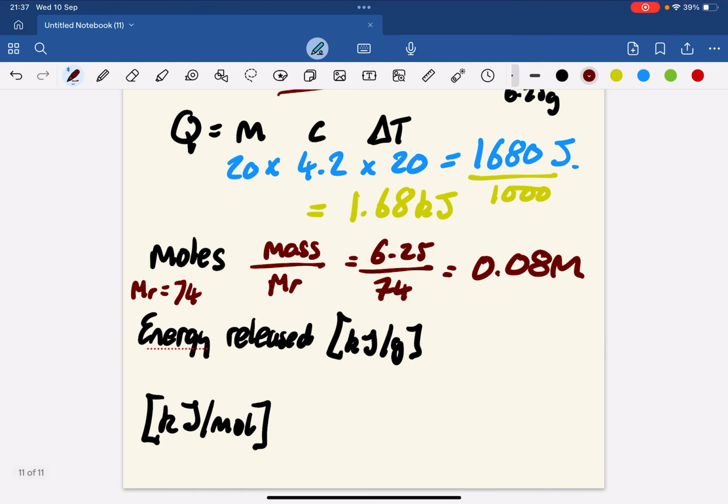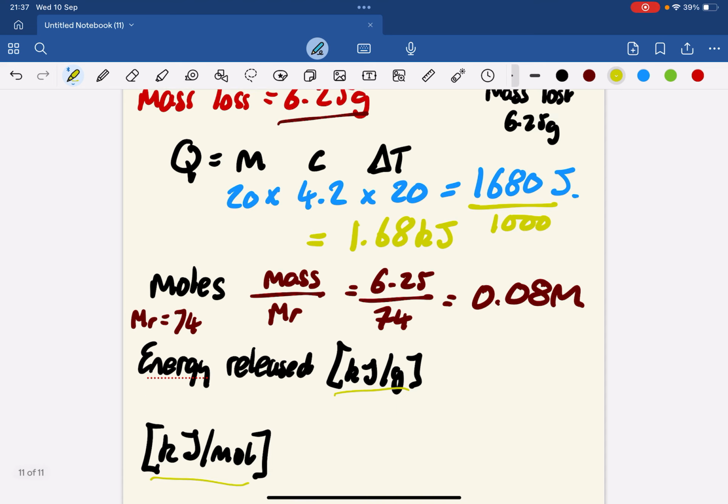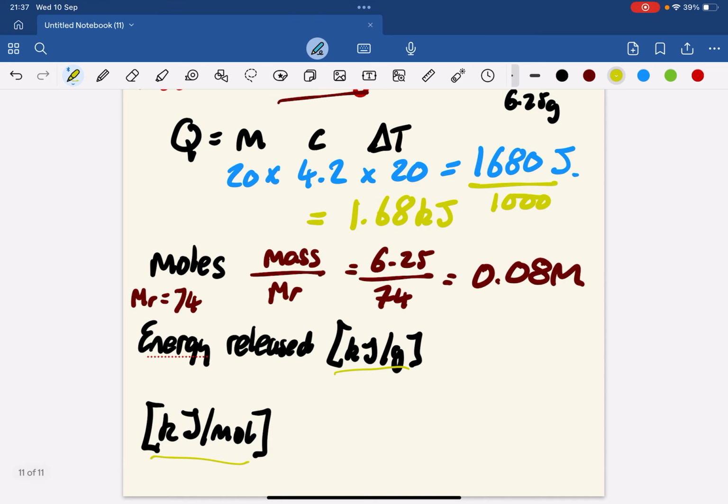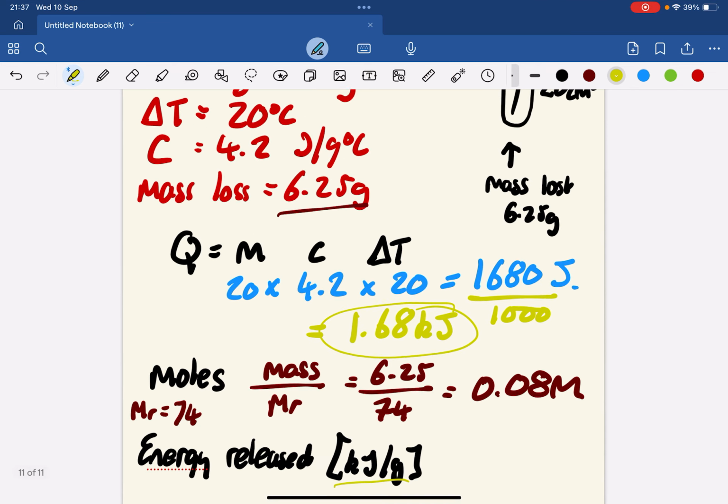Now we can do two calculations. We can work out how much energy was released in kilojoules per gram, and we can also look at kilojoules per mole. For our kilojoules per gram, we use 1.68 kilojoules per gram, so it's 6.25.